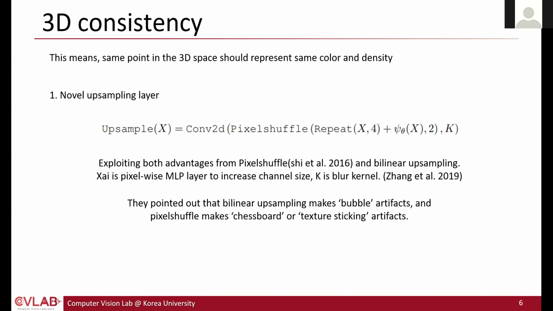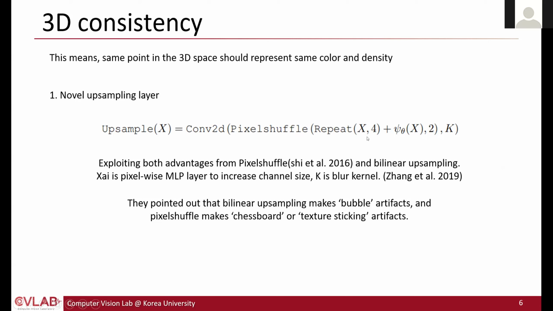But another main point of the paper was keeping 3D consistency. This means the same point in 3D space should represent the same color and density. So they presented novel upsampling layers.